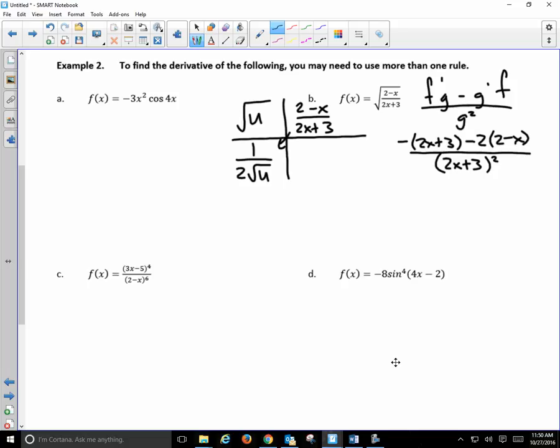What does the top simplify to? Looks like I'm going to have a negative 2x and a positive 2x. Those will cancel, right? I have a negative 3 and a negative 4, which make negative 7 over 2x plus 3 quantity squared.